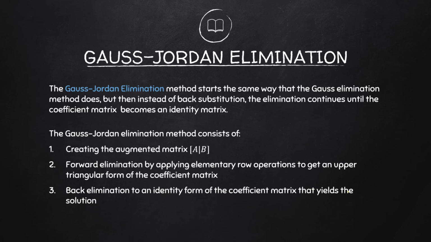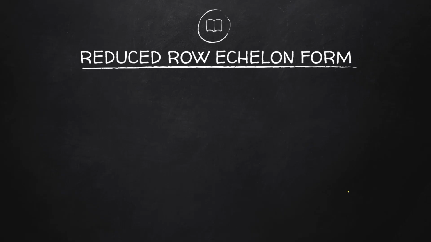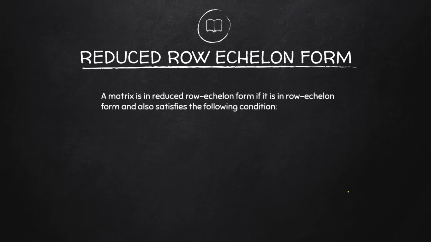So what is the reduced row echelon form? This is a matrix which satisfies the condition of the row echelon form. When we say row echelon form, remember that that is a matrix or an augmented matrix wherein the coefficient matrix is in its upper triangular form, and the leading entries of the upper triangular form of the coefficient matrix are all equal to 1.